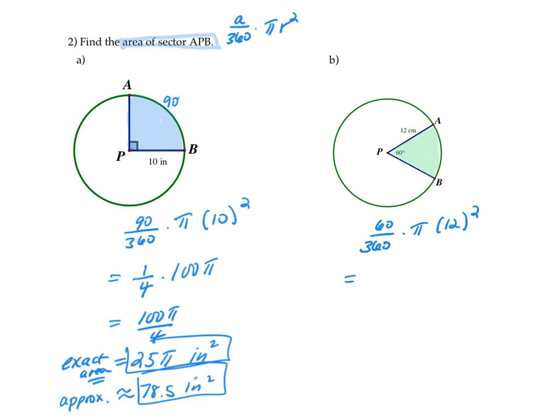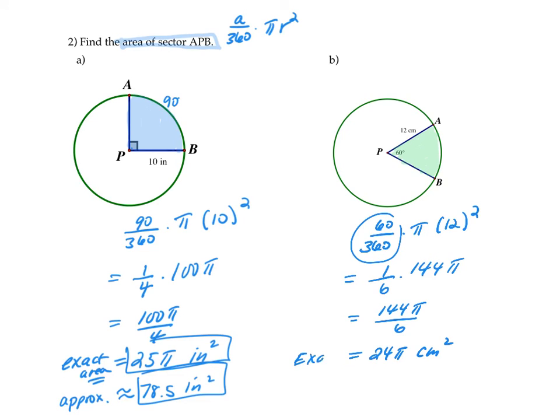Okay, simplify, simplify, simplify. 60 over 360 reduces to 1/6. 12 squared is 144, and put your pi on the end. So we really have 144 pi divided by 6, and 144 divided by 6 reduces to 24 pi. And this will be in centimeters squared.